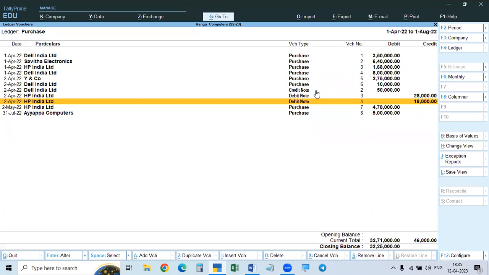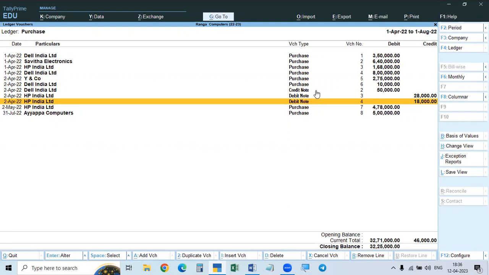Suppose the quantity is billed less: we ordered 10, they supplied 10. By mistake, we entered 8 only. Actually, how many did we purchase? 10. They sent 10 also, but in the bill invoice they entered only 8. So two numbers less they billed.